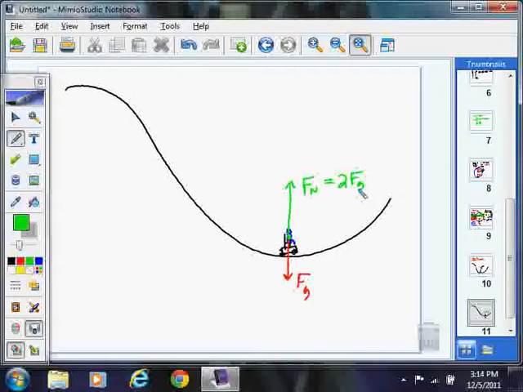Now, they say that the bottom of that dip is part of a circle. So basically, if this is the center of the circle, the car is going through a circular path there at the bottom.